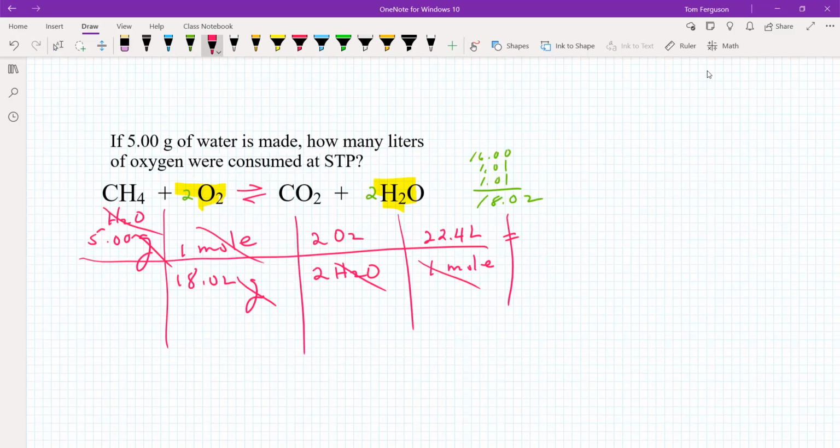And of course, it's at standard temperature and pressure. So we have 3 sig figs, 4 sig figs, infinite sig figs. 3 sig figs. So our answer is going to be good old 3 sig figs.